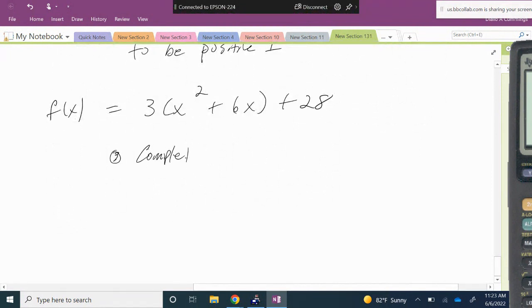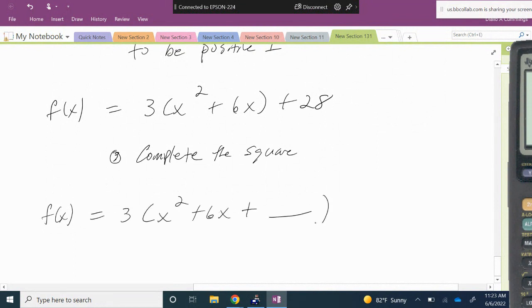So now we're going to complete the square. We take half of the coefficient of the middle term and square it. So then we get 9 again.